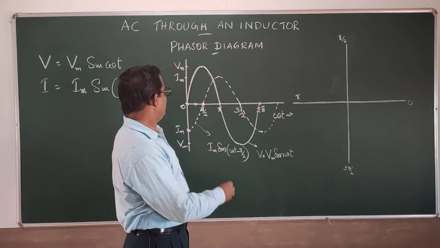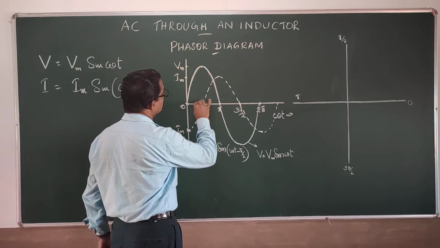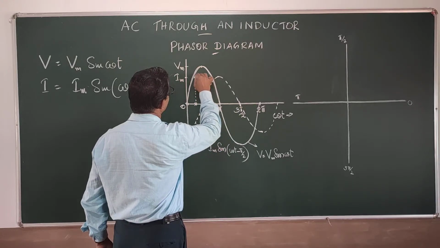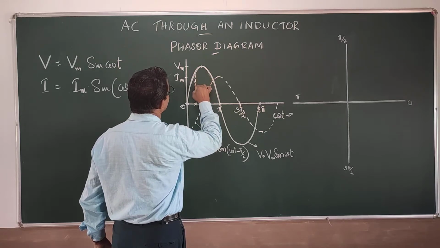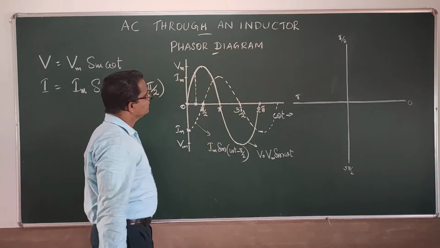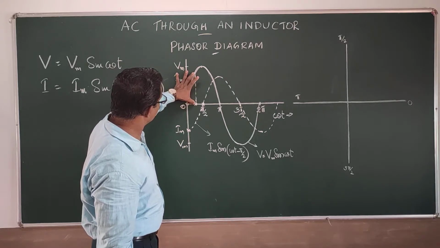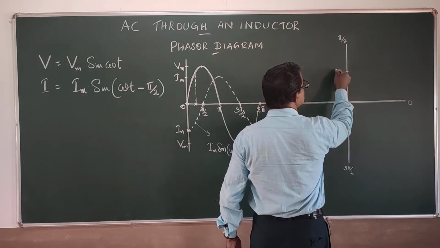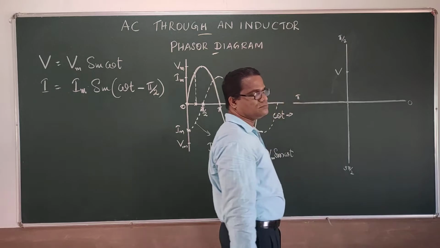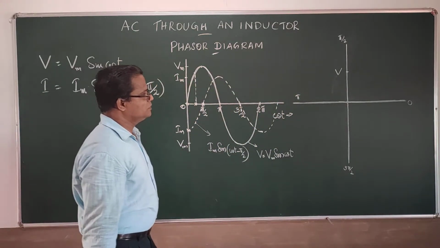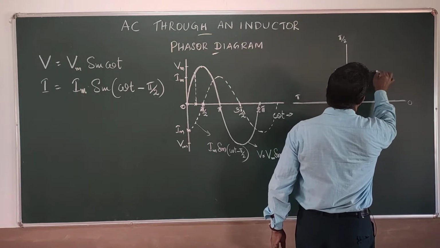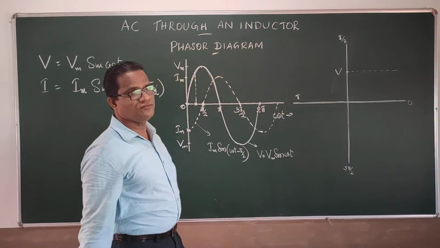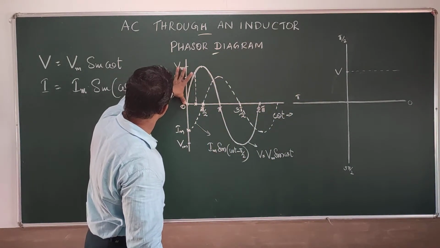So when I take the position here somewhere in between, the voltage when omega t equal to this much will be here. This is the voltage at that instant. So instantaneous voltage is this much at that point, so let me draw that over here. So this is the value of V at that instant. So what is this V? This V is actually the projection of that Vm. So this is Vm.